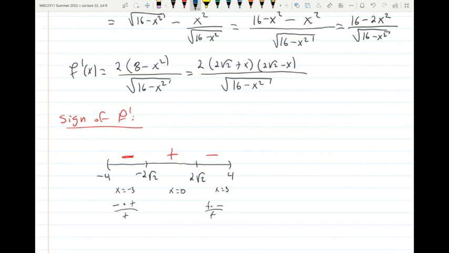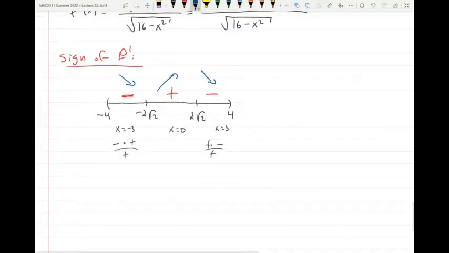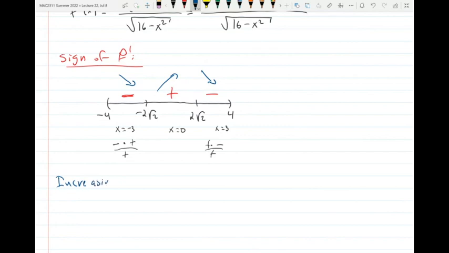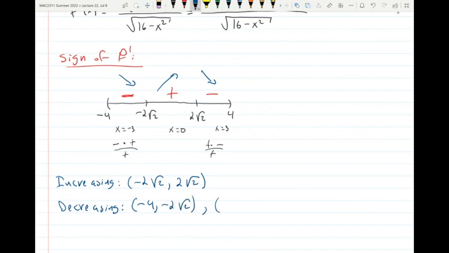Okay, that means the function is decreasing here, it's increasing here, and then decreasing. So the function is increasing from negative 2 square root of 2 to 2 square root of 2, then decreasing from negative 4 to negative 2 square root of 2, and then again from 2 square root of 2 to 4.